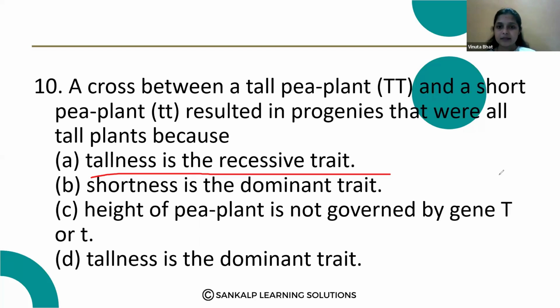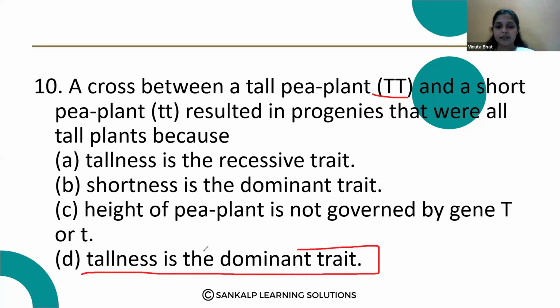When capital T, the pure breeding tall pea plant, is crossed with the short pea plant, here capital T is the dominant character and shortness is the recessive character. Here you can say tallness is the dominant trait. Option D.